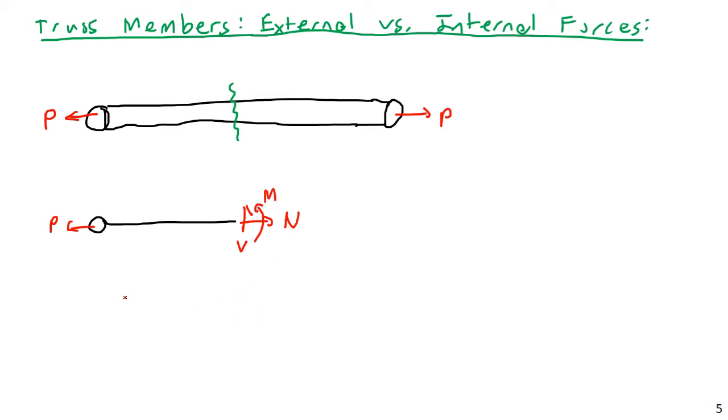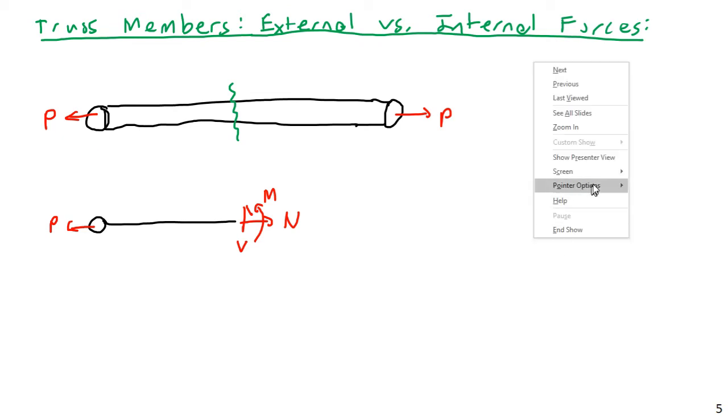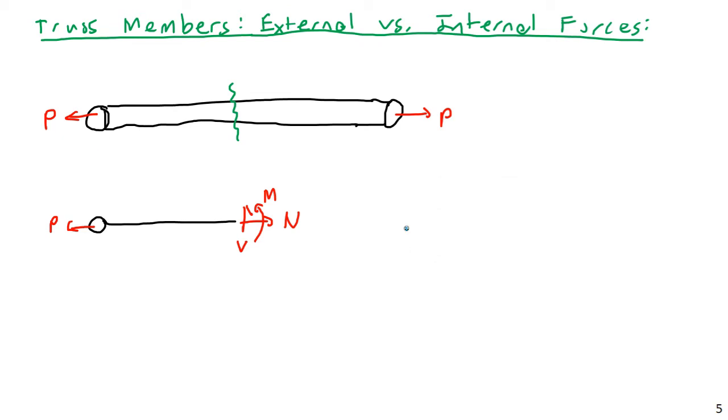If I do a sum of moments, I'm going to call this end A, B, and let's say I cut this thing at some point X. A sum of moments about point A would not be ideal because the V and the M would both be present there.